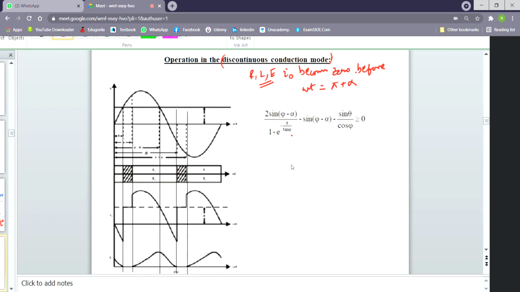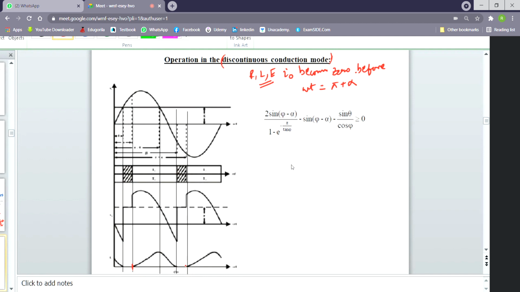Obviously then, at the boundary between the continuous and the discontinuous conduction, the minimum value of I0, which occurs at omega t equal to alpha and at omega t equal to pi plus alpha, would be equal to 0.